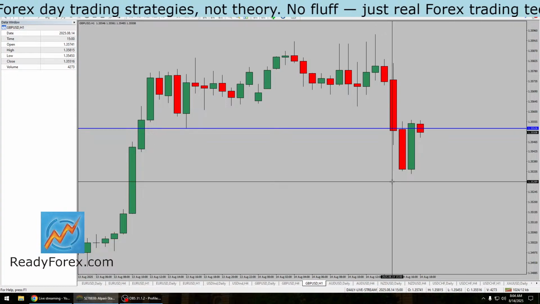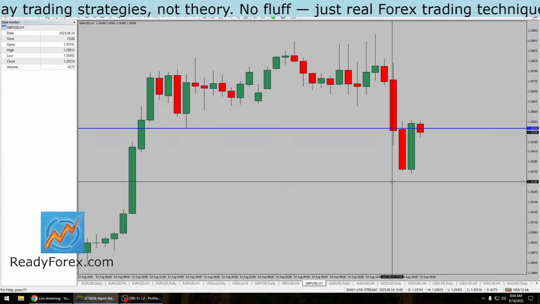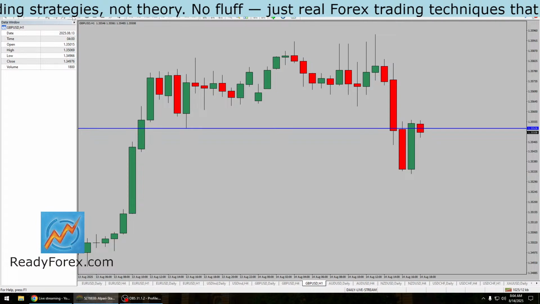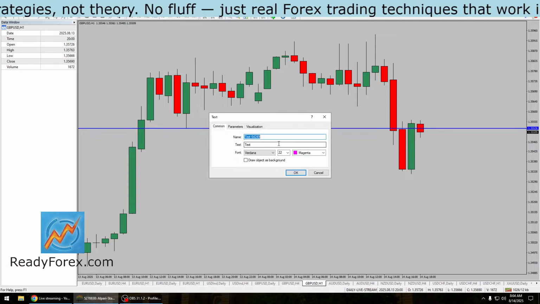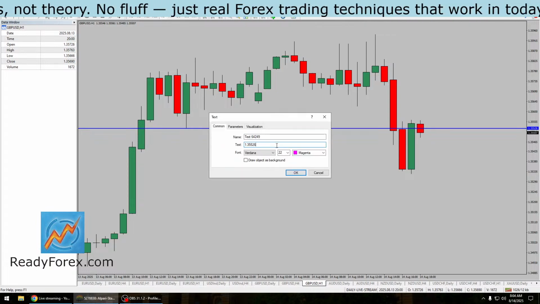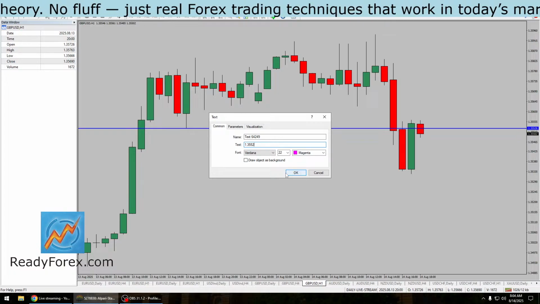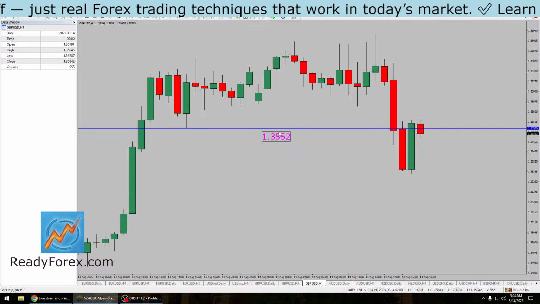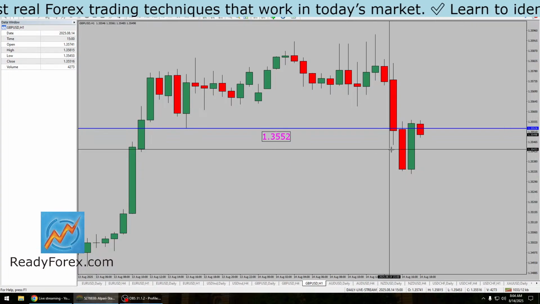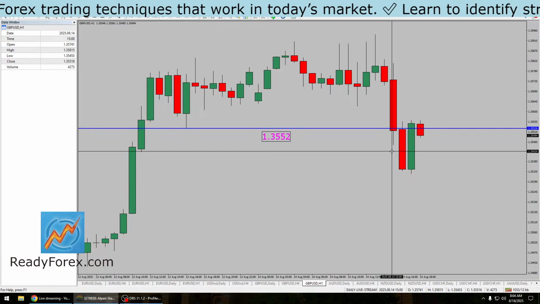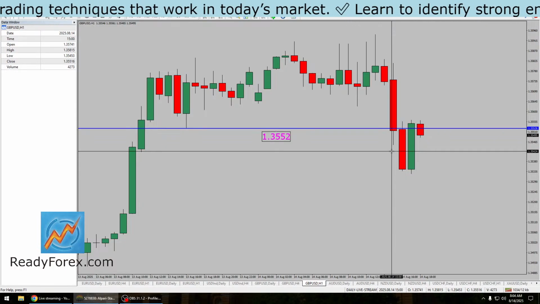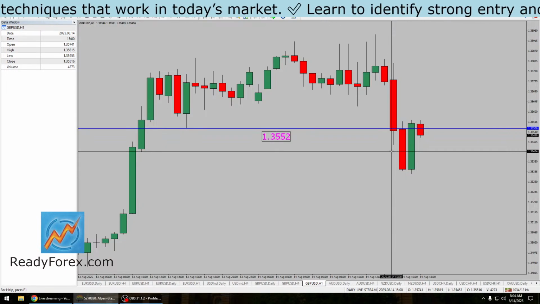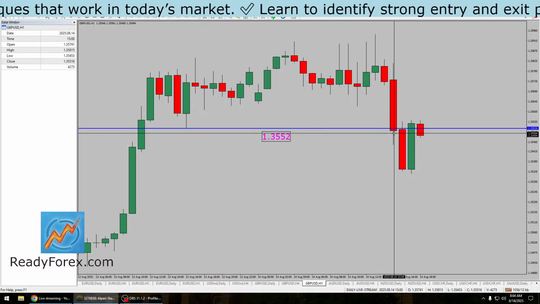We got one close over here. Let me write it down, the level first. Okay, 1.3552, and we got the close over here, 1.3551. It kind of looks a little bit unclear over here.